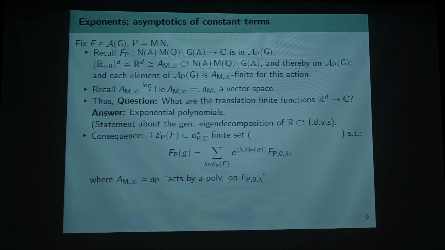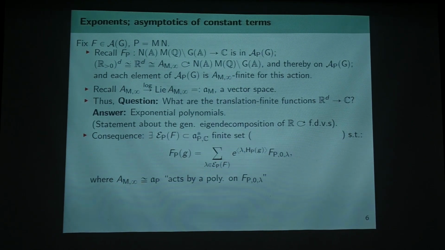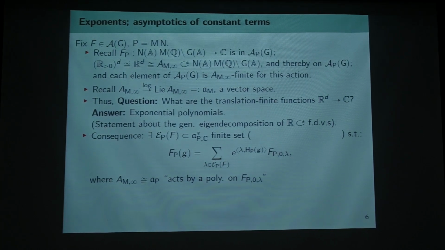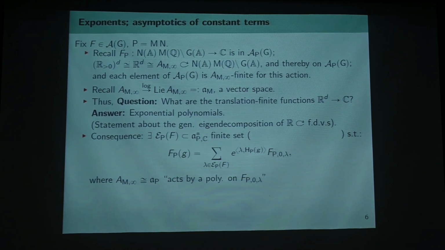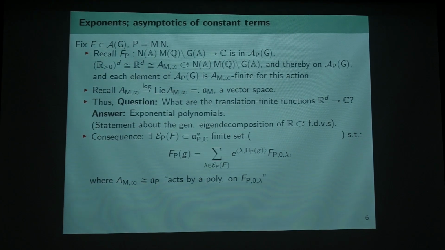Okay. Sorry, so f_{P,0,lambda} is a polynomial on the start, right? No. So it's a function on g. Yeah. So I should have written of g or something like that. I mean, the dependence on lambda is polynomial. Yeah, it has a dependence on lambda, which is polynomial. So then the exponential should act like a threshold. Yeah, you're right.